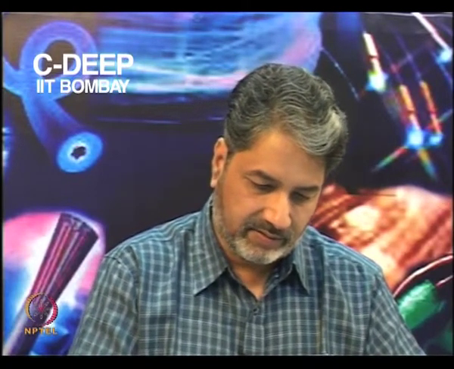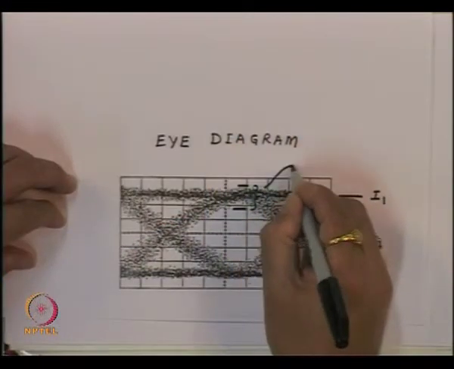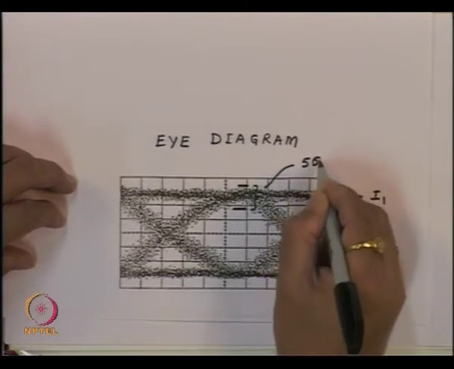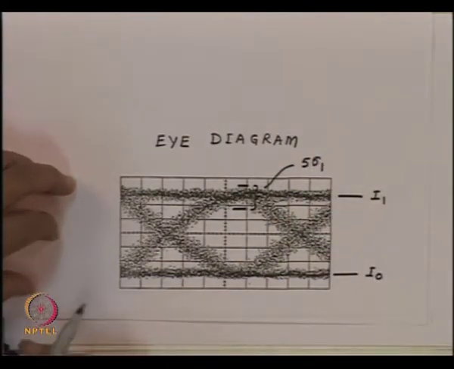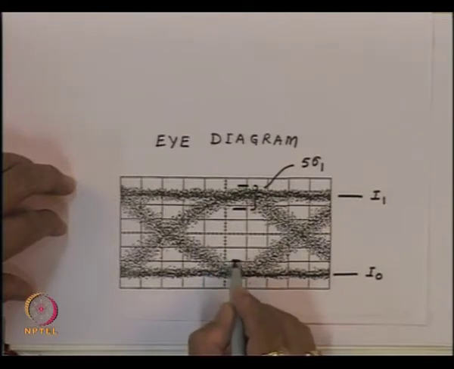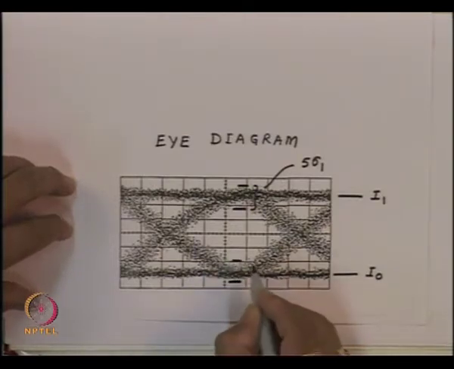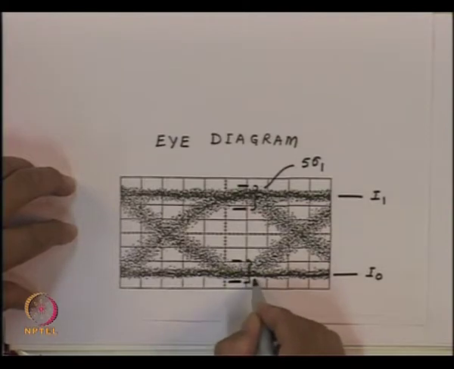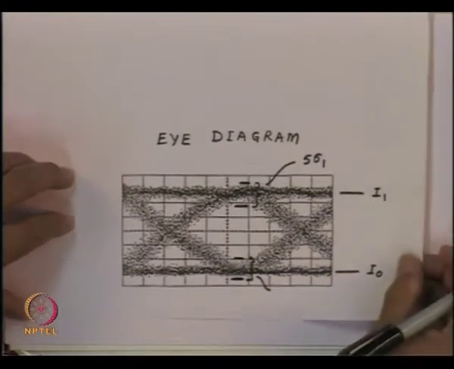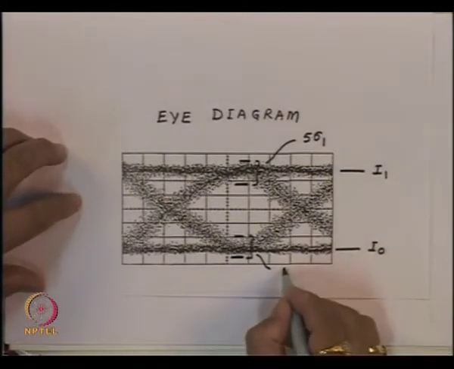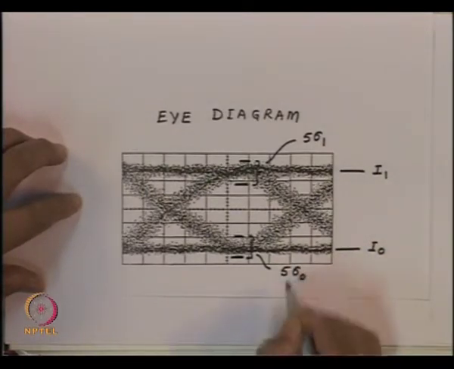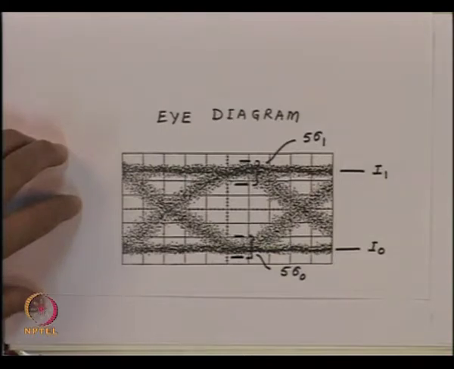So, measuring from the oscilloscope the peak to peak deviation, we can calculate the quantity sigma 1. We are saying that this quantity here is approximately equal to 5 times sigma 1. Similarly, the peak to peak level here would correspond to 5 times sigma 0.